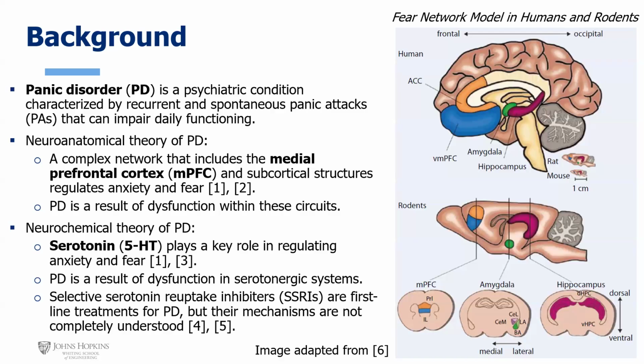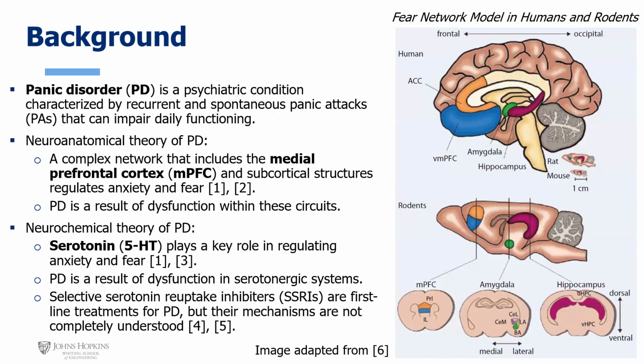These subcortical structures, such as the amygdala, the hippocampus, the hypothalamus, thalamus, the anterior cingulate cortex, the locus coeruleus, and the periaqueductal gray region, are part of that network.